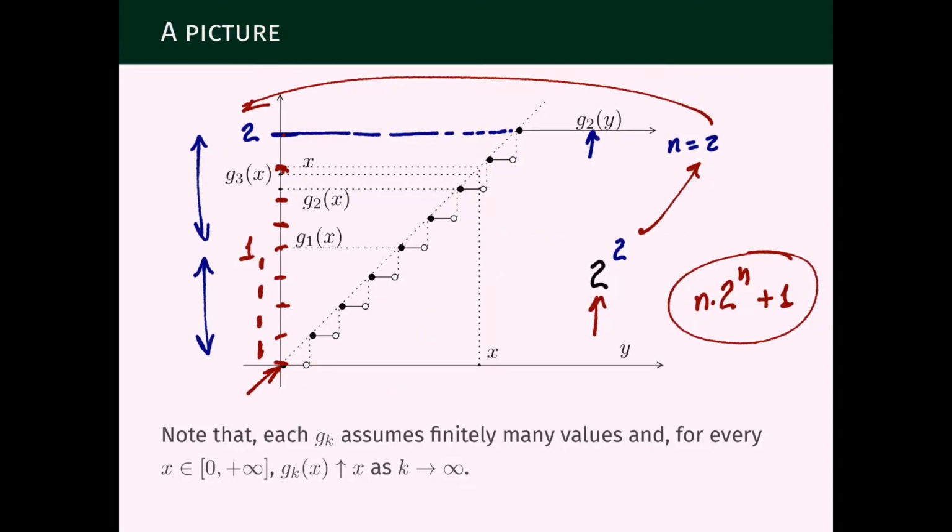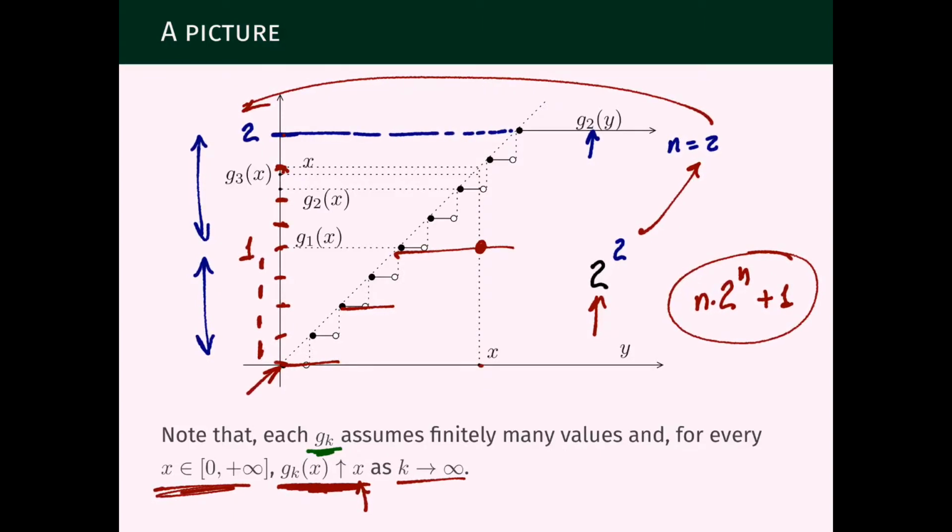What is important to remark is the following. For each k, g_k takes finitely many values. For every x, as we increase k, the value converges. g_k of x converges to x, and it is in this sense that it approximates the identity. It's approximating the function that assigns x to the variable x as k tends to infinity. And it's illustrated here. If we take, again, this will be g_1.